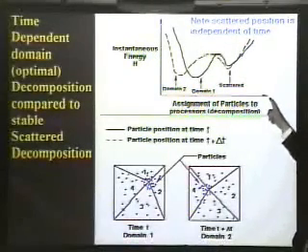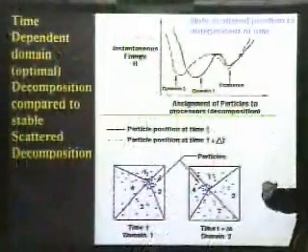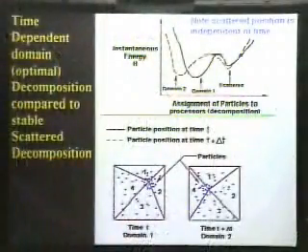So here's an energy diagram at the top. You're plotting energy against some mythical x-axis, which just labels the decomposition. This says that as the system moves, the energy curve for the domain decomposition changes. However, the energy for the scattered decomposition remains a minimum. So it's stable.